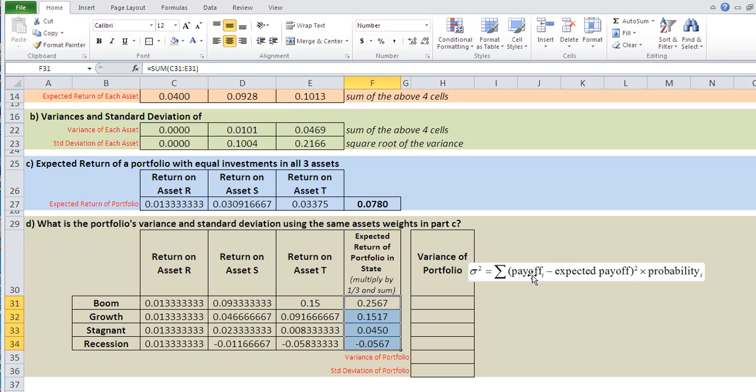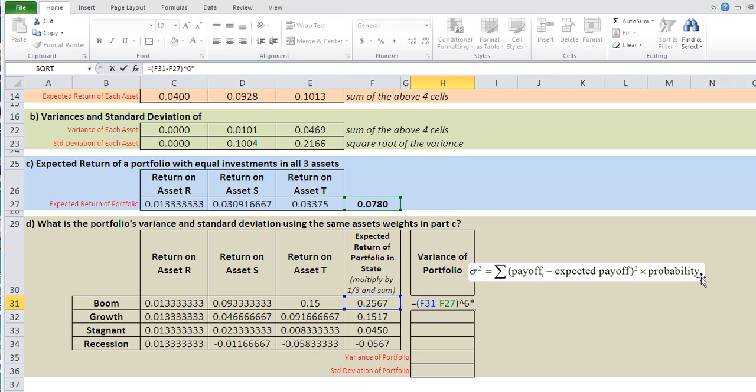Remember, we have to take the payoff, which is this number here, the projected payoff, minus the expected payoff of the portfolio, which we calculated in part C, square that, and multiply it times the probability. So let's set up the formula. We're going to take the payoff minus the expected payoff. I'm going to square that, so shift 6, and then multiply that times the probability.